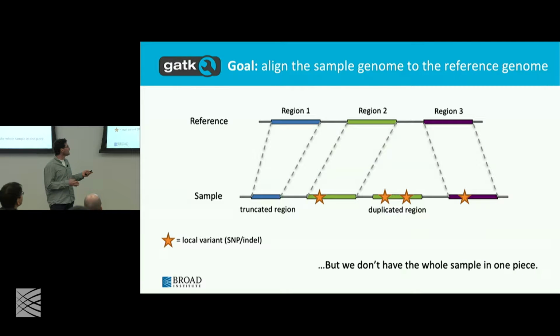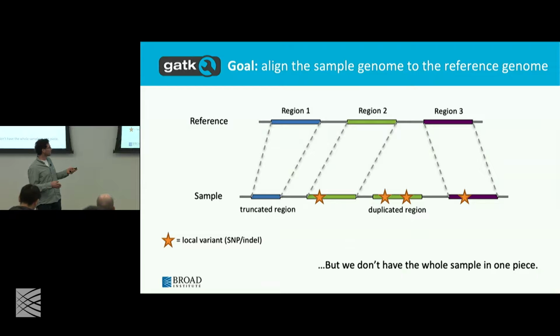For example, this region is a copy number duplication, right? So it's a large region that's been duplicated relative to the reference. And so when we sequence that, we might have some results that look a bit confusing because we'll have reads that come from here and reads that come from here, all aligned to the same place.